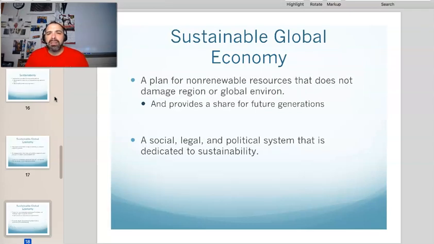When we also look at sustainable global economy, we have a plan for non-renewable resources that does not damage a region or a global environment and provides a share for future generations, so non-renewable resources like fossil fuels. We also have to have a social, legal, political system that's dedicated to sustainability. And again, we are not there. In 2020 and it looks like 2021, other issues are at the forefront.